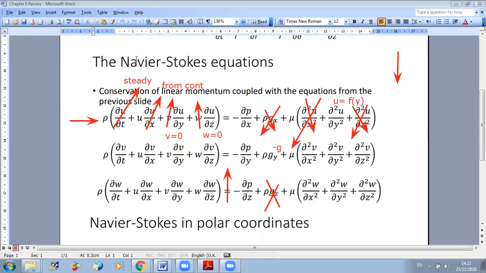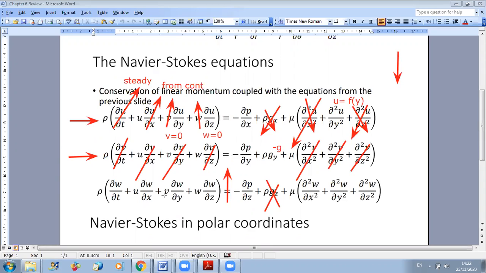Now let us move to the second relation. First, v is 0 in my problem, so all of these terms will be cancelled since v is 0. From the other side, I have minus del p by del y minus rho g, and all these terms will cancel since v is 0. So I will only have these two terms: minus del p by del y minus rho g equals 0.